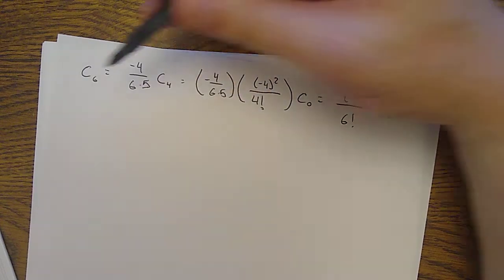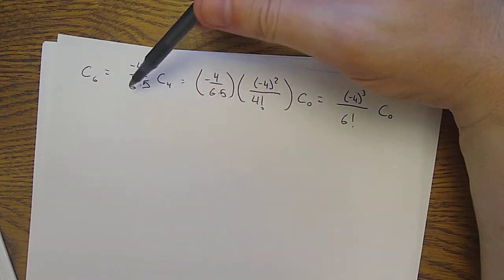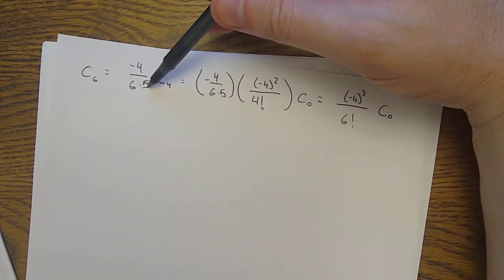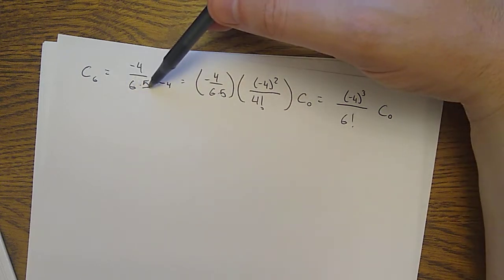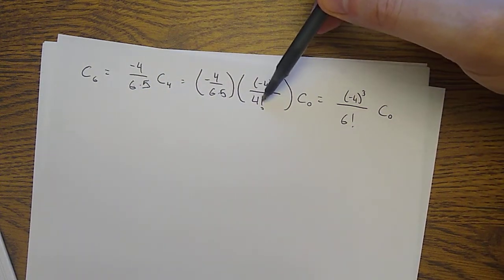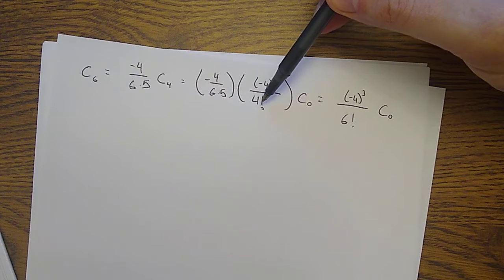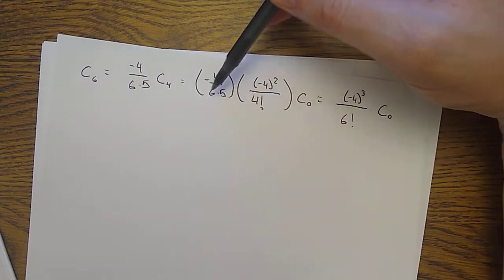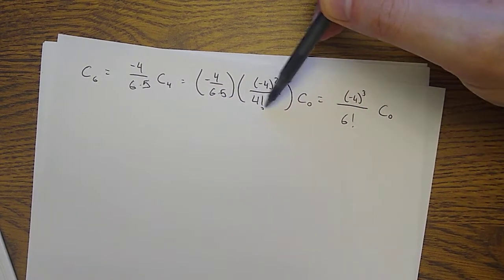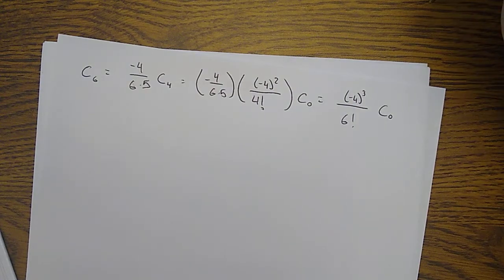So that's what happens. Every time you do a new one, you get two new numbers on the bottom that go together with the factorial from the previous one, and it just makes a bigger factorial. It's like 6 times 5 and then 4 factorial, which makes 6 factorial.